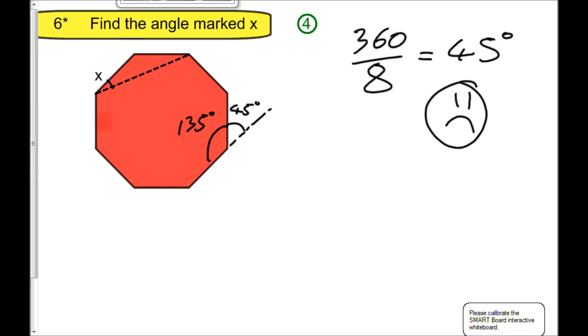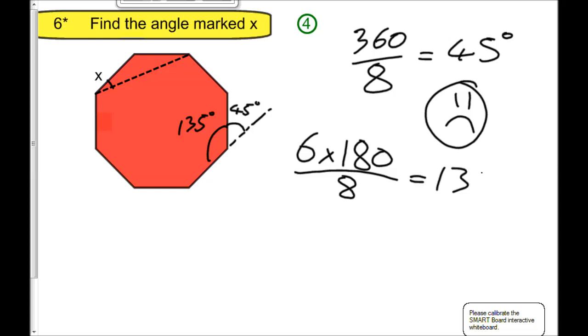Remember, it's 2 less than the number of sides. So 6 times 180, so there's 6 triangles in there. But then we have 8 equal angles, so we divide it by 8 at the end, and that too will get you 135 degrees.